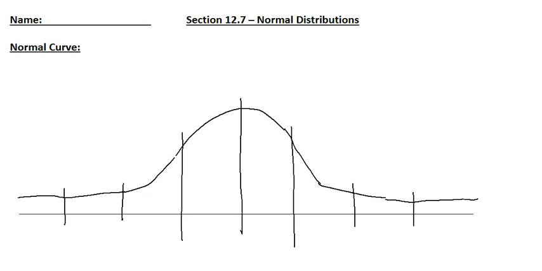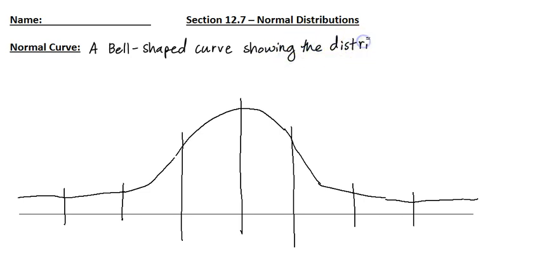So the normal curve is basically the same thing as the bell curve, if any of you have taken psychology yet. So it's a bell-shaped curve showing the distribution of responses.